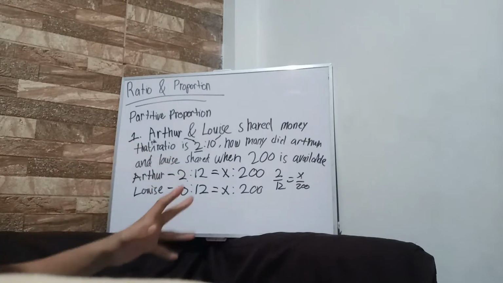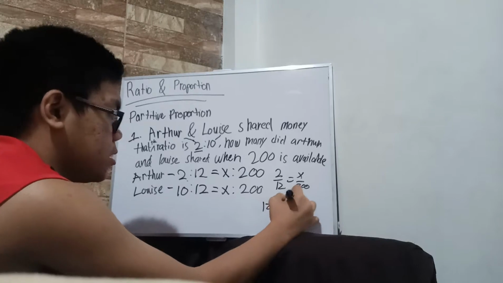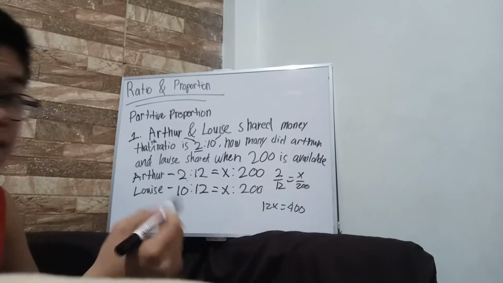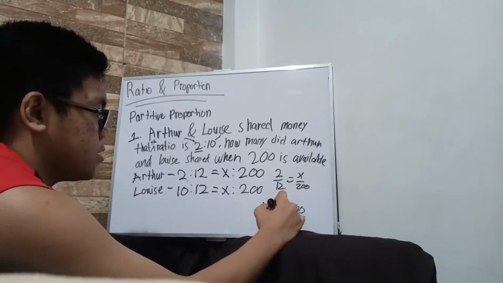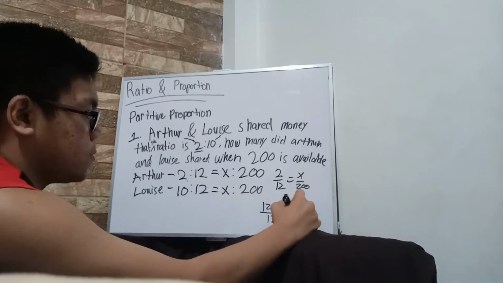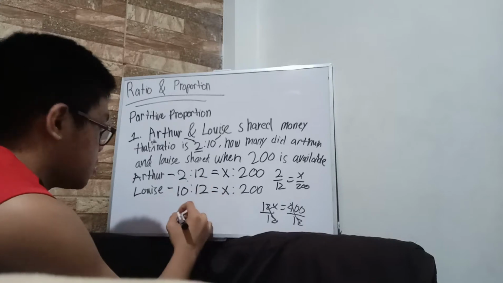So cross multiply: 12X equals 2 times 200, which is 400. So divide it, it must be just X. So right there, we have for Arthur.